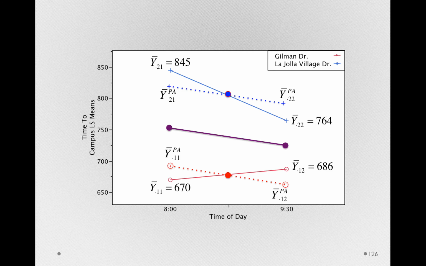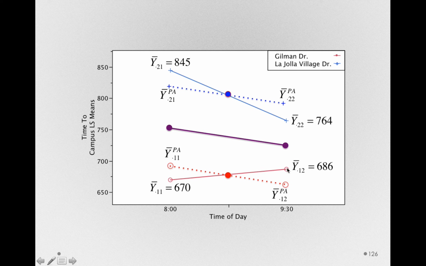And remember, we knew from the outset that there was going to be some interaction here. We already saw that we couldn't describe the effect of time of day independent of which route we were on. Again, if we look at just La Jolla Village Drive and the group means, we can see that the effect of time of day is for it to be a little slower at 8 a.m. than at 9:30. But the effect of time of day at Gilman Drive was different.